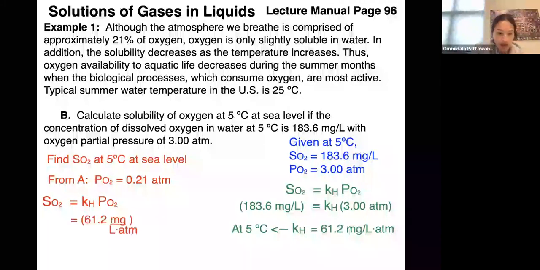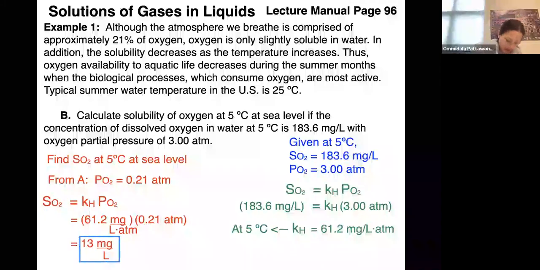So now in this case, we are going to multiply the KH value that we solved from the first part by the partial pressure of 0.21. Again, we have less partial pressure, so the solubility of oxygen here is going to come out less than the one that has higher partial pressure. It comes out to be 13 milligrams per liter, which makes sense, right?